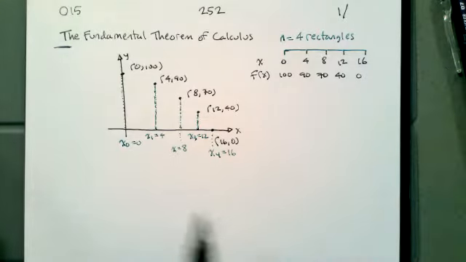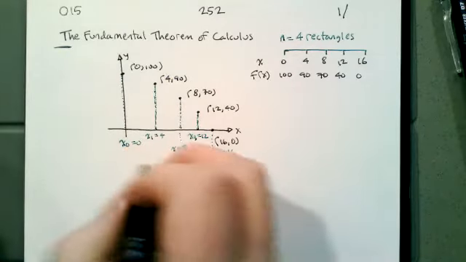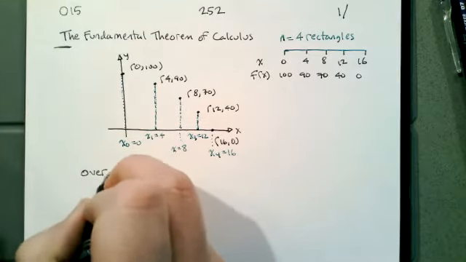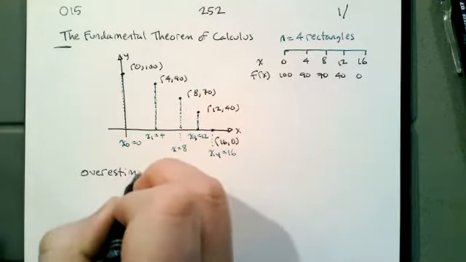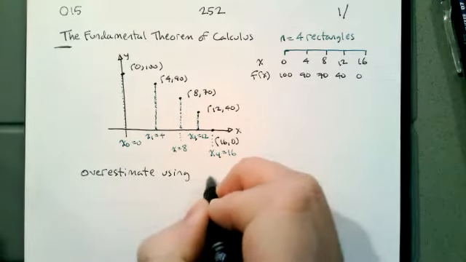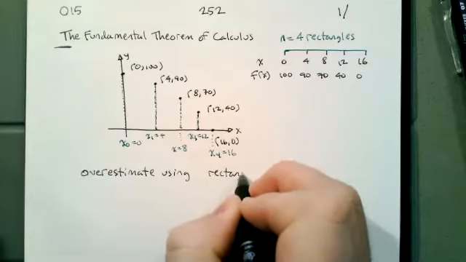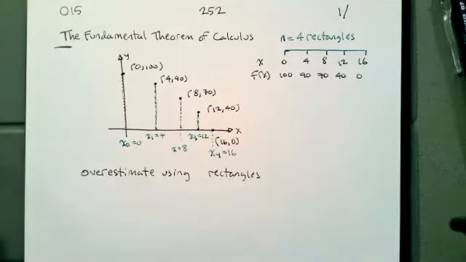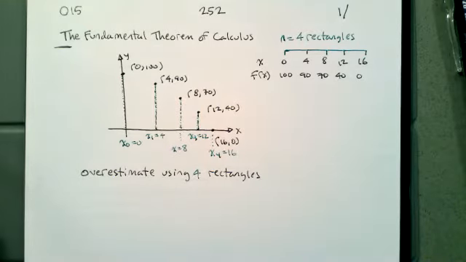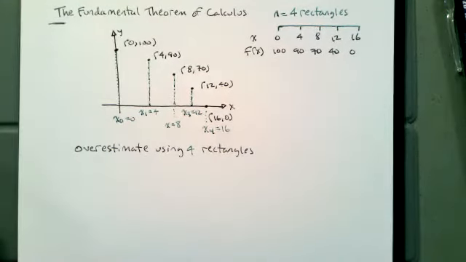So in the first rectangle, let's start with an overestimate. Let's make an overestimate using 4 rectangles.